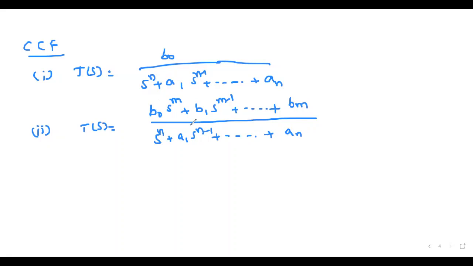It may be like this. So in this case, now we will see how to get the controllable canonical form and how to draw the state diagram.